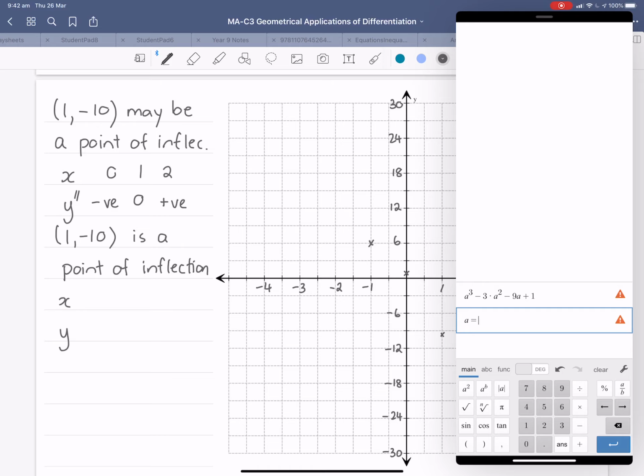I'm going to do negative 2 and see what that gets me. So negative 2 gets me negative 1. Let's try negative 3. Negative 3 gets me negative 26. So that gets me a better idea of the shape of this curve.